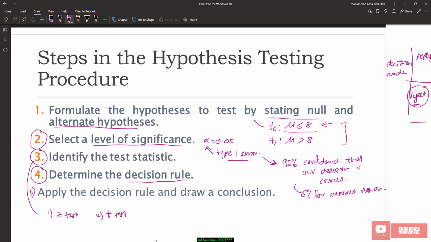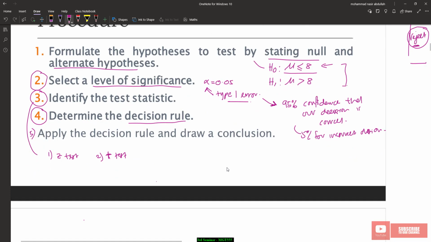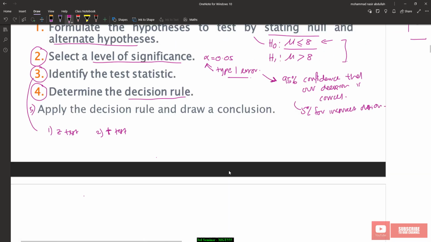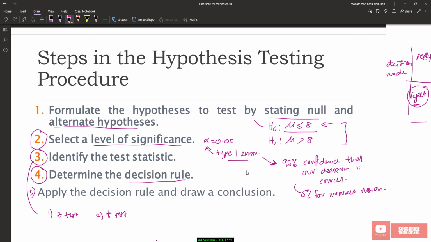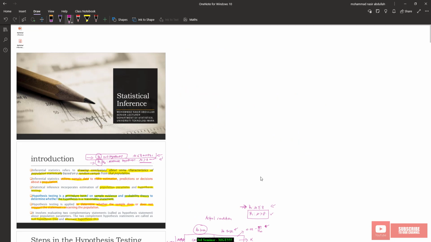Boleh faham? We have basically 5 steps. So you need to pay more attention because this chapter is a bit difficult to understand, right? Because we are dealing with inferential statistics. Now, dalam inferential statistics ni kita akan tengok beberapa test lah, right?